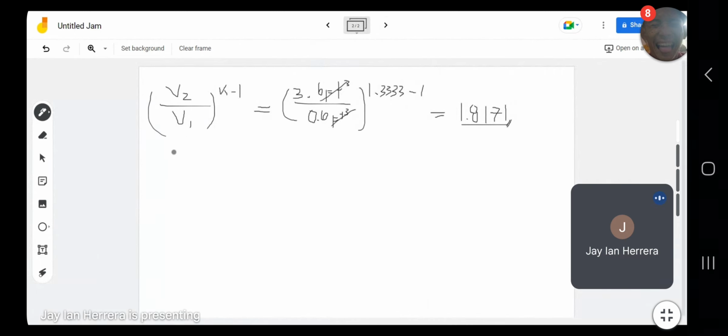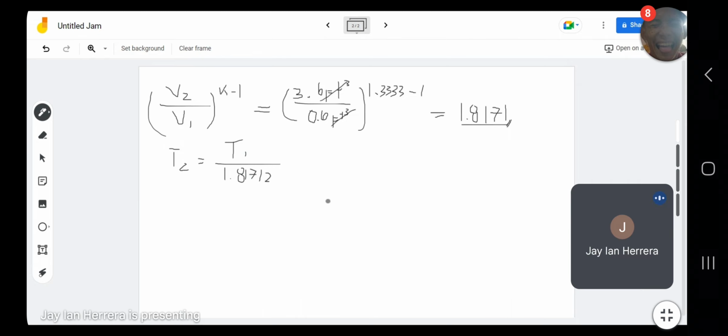So therefore, T2 natin is equivalent to T1 all over 1.8171.